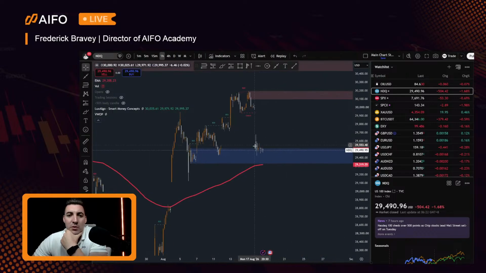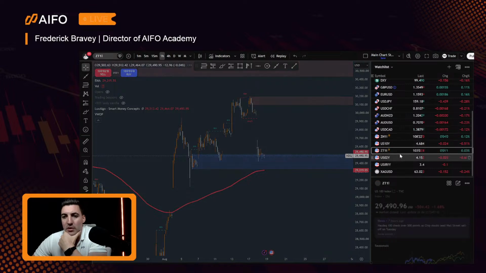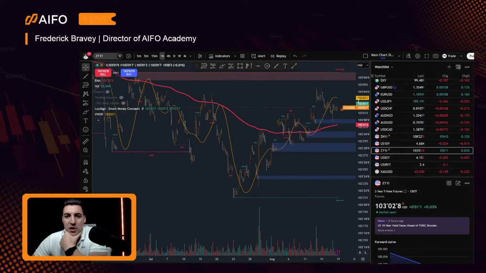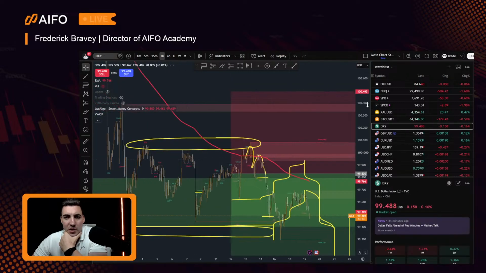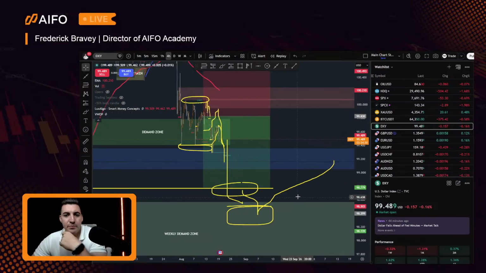Although I do think quite a lot of this push down is going back into the US bonds market at the moment. Because look at this, the bonds market is starting to push up. This is quite scary because DXY is pushing down quite aggressively.